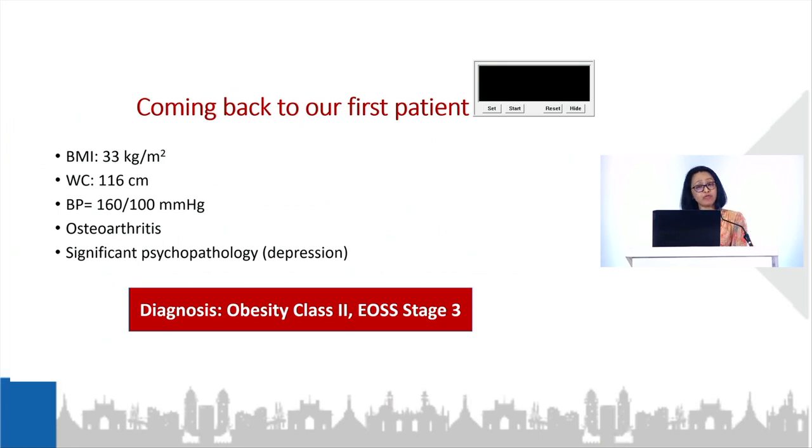So coming back to our first patient, she has a BMI of 33, so her obesity class is 2. But she has osteoarthritis, she has hypertension, and her psychopathology is significant depression, and therefore she classifies for EOSS stage 3.